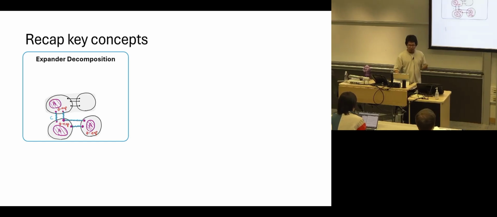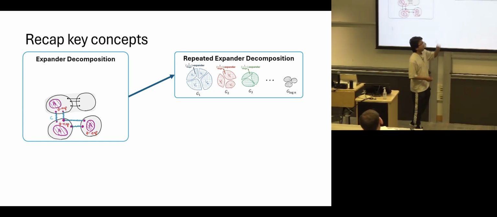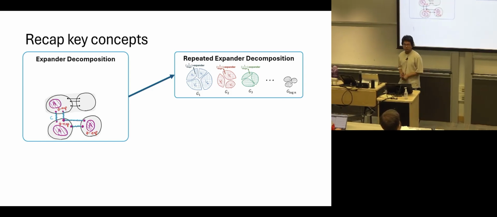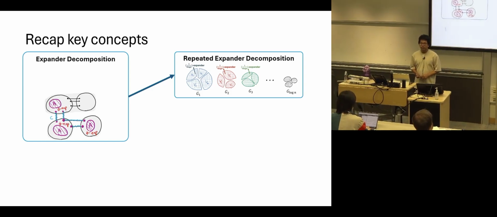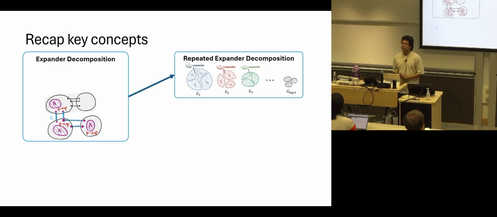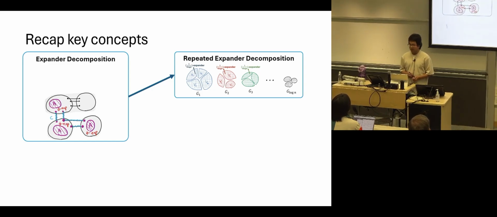From expander decomposition, we get something which I call repeated expander decomposition. The picture is like this. Anyone can recall what it does? Yeah, Lucas? You keep doing expander decompositions until every edge is part of an expander, right? Good.